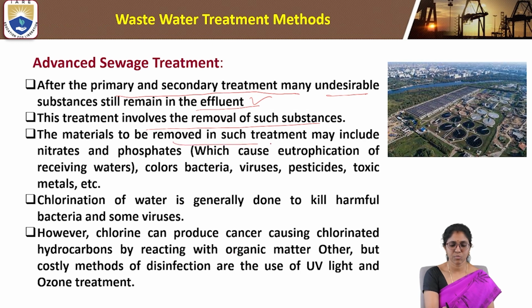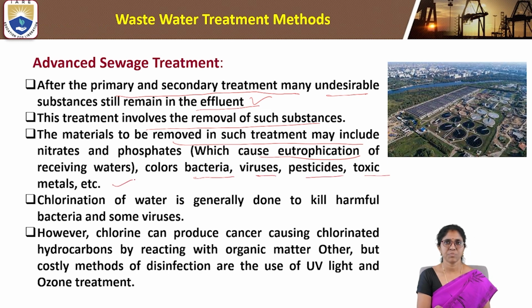The materials to be removed may include nitrates and phosphates, which cause eutrophication of receiving waters, color, bacteria, viruses, pesticides, and toxic metals.